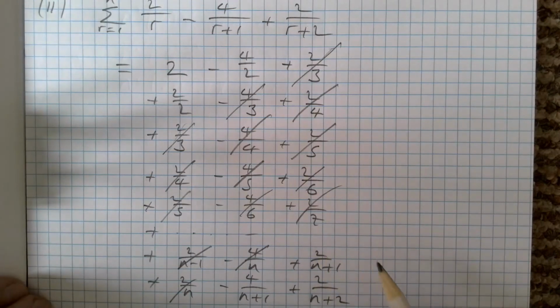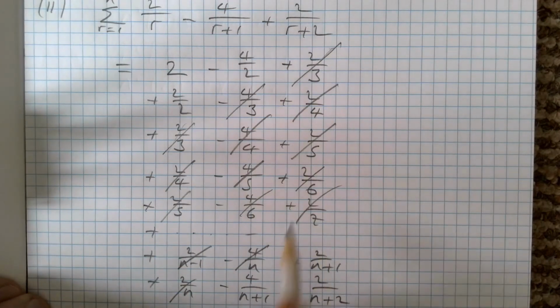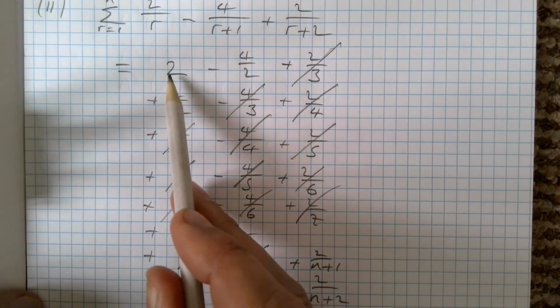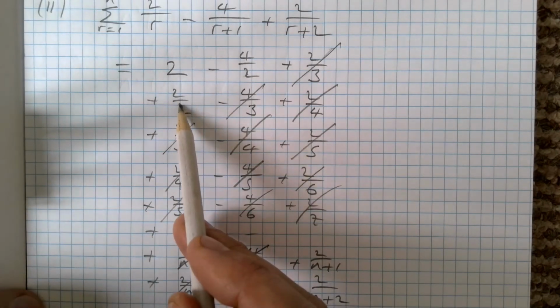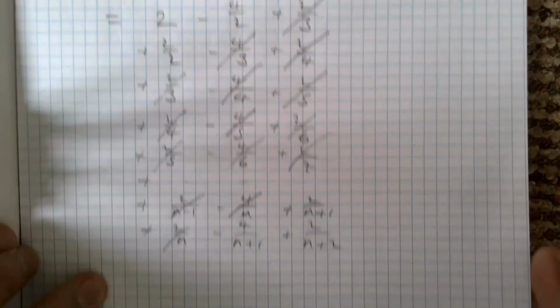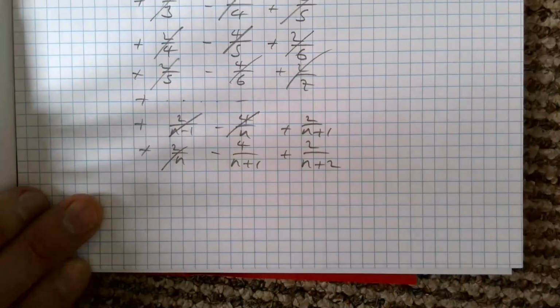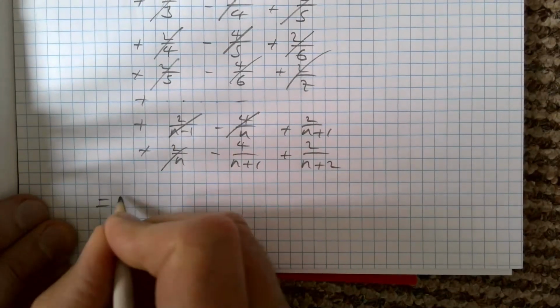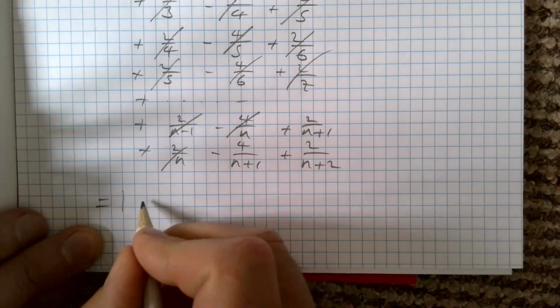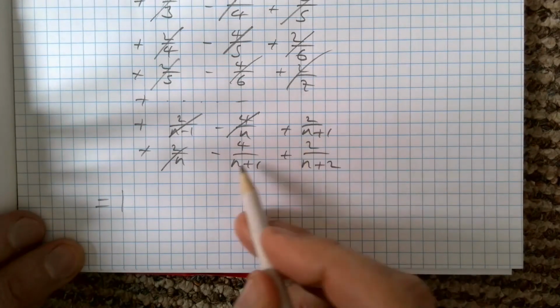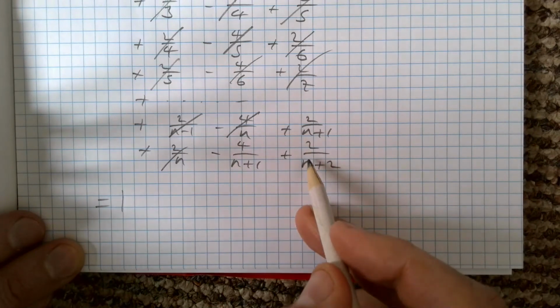We are left with, on the top here, 2 take away 2 plus 1. So down here, then we will have a 1. And then these terms here at the end, let's see, we have 2 over n plus 1 minus 4 over n plus 1 and 2 over n plus 2.